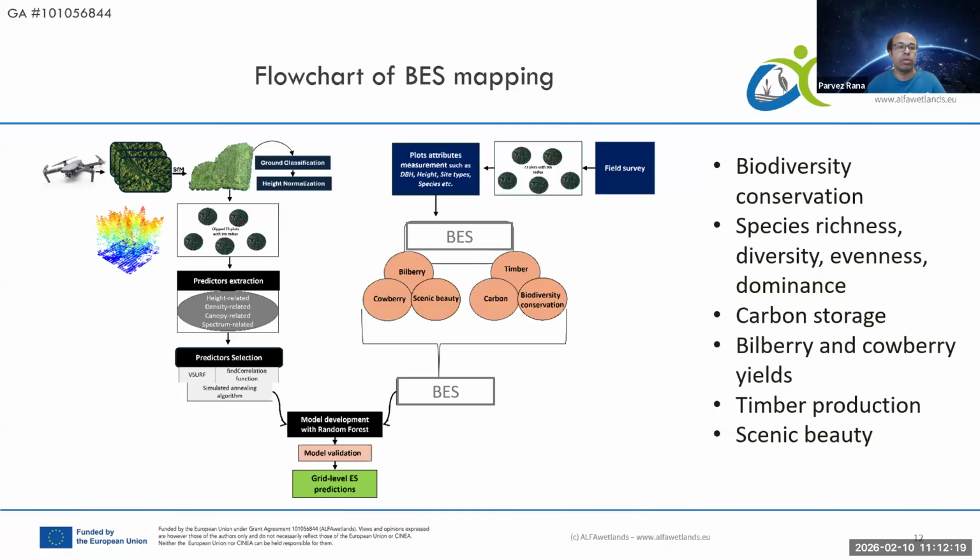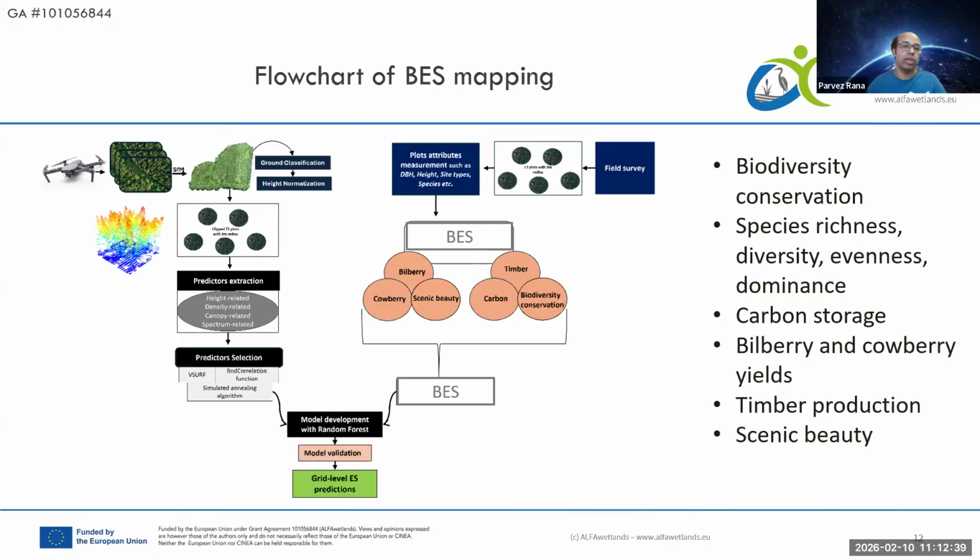So we define the boundary, and then we fly using a multispectral sensor and a LiDAR sensor, based on our project task. But it's up to you when you go to the forest or wetland area, and you can choose what kind of data you would like to collect.